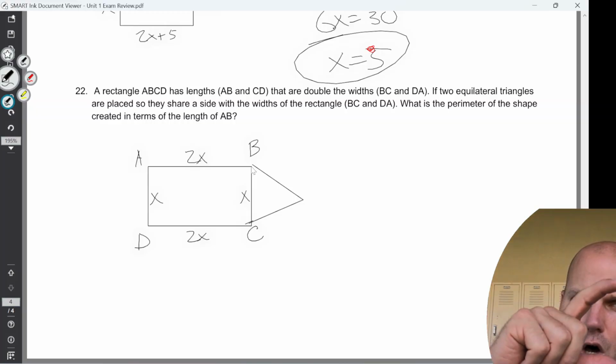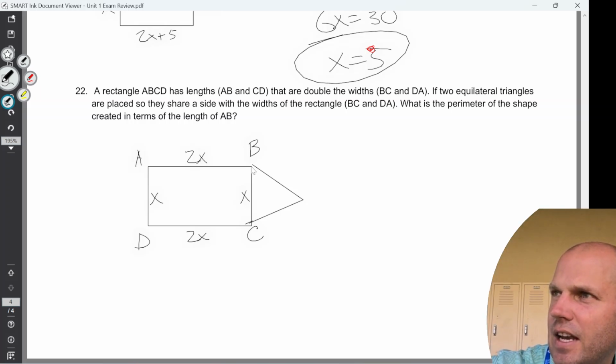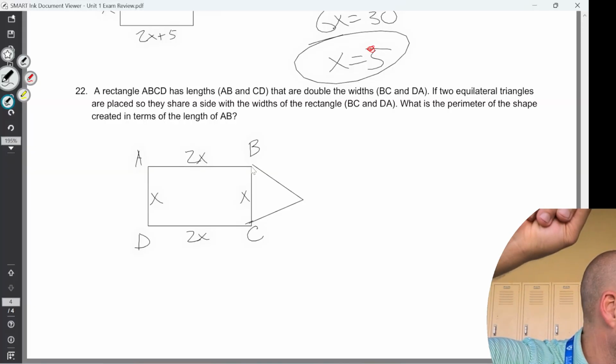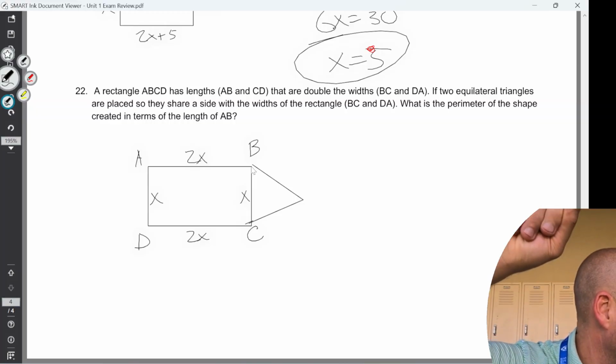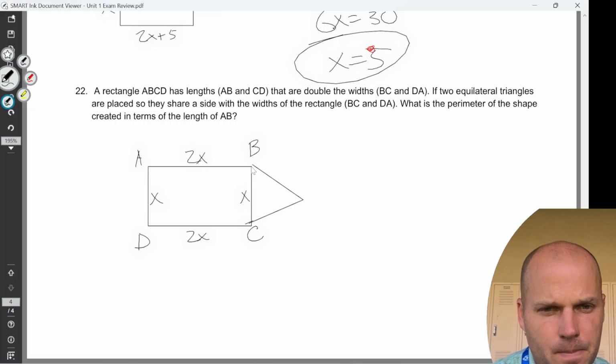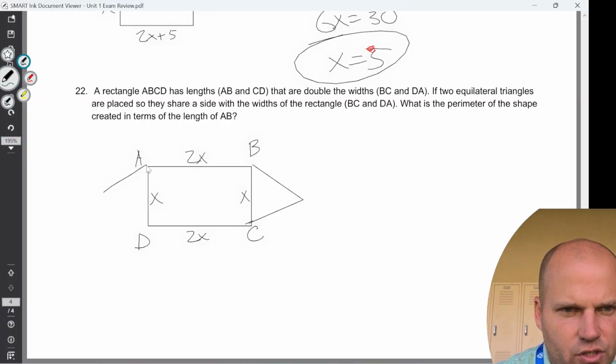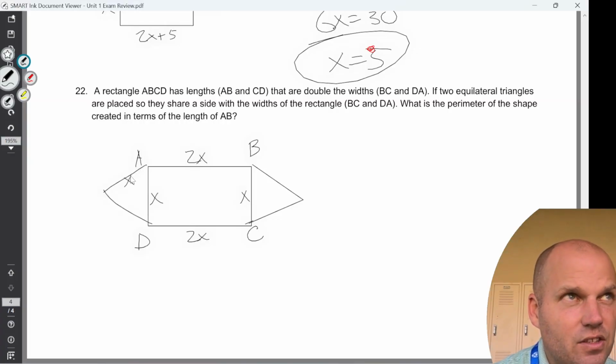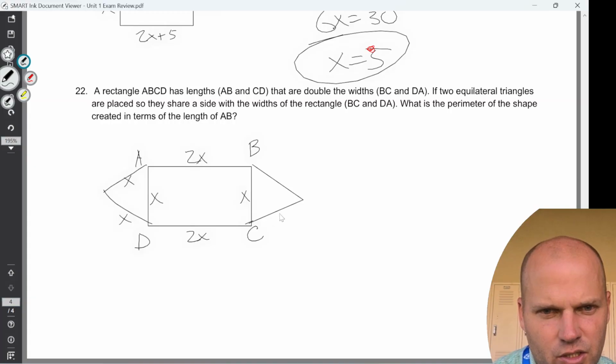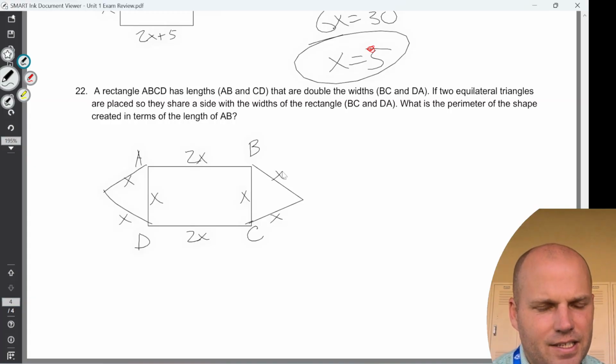We have our long lengths, and instead of a 90-degree cut to get a width, we go diagonally with two of our three sides of the equilateral triangle, which are the same. Since it's sharing a side of BC, I know that all of these lengths are also X. So I have X, X, X.